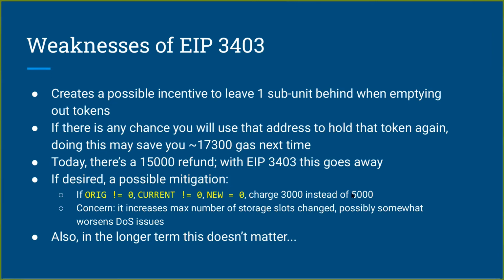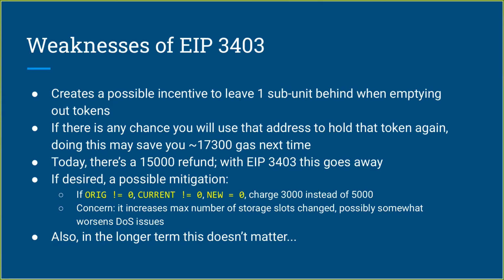And so the concern that people are bringing up is basically that when you sell your wrapped Doge, you're absolutely certain that you're never going to want wrapped Doge again. Then it doesn't matter whether you sell 0.99999 or you sell the whole token.